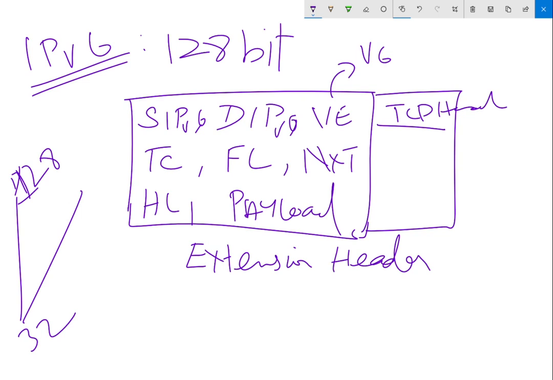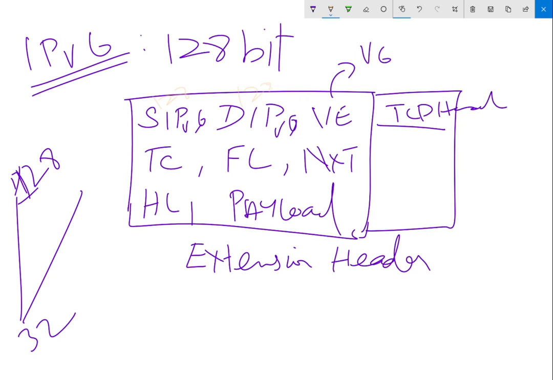It will have the other details like flow label, hop limit, next header, payload length, and all those fields. Each one has its own size. For example, the source and the destination IP address are each 128 bit.